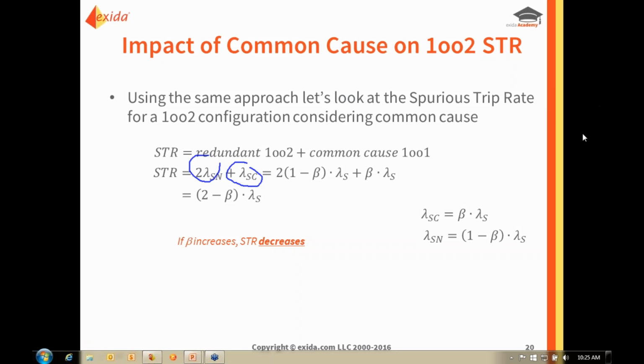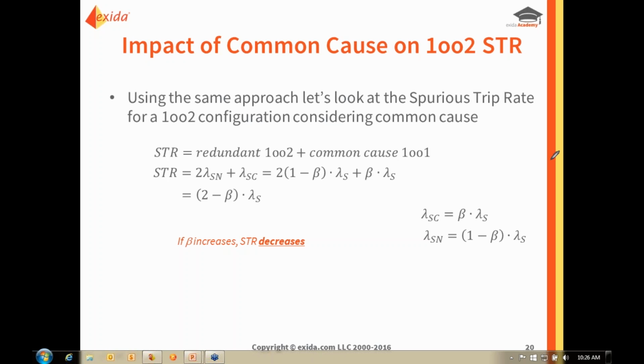We can simplify that equation, and we can see that it evolves to 2 minus beta times the safe failure rate. So as beta increases, the spurious trip rate will go down. It's the same behavior that we saw for probability of failure on demand for a 2 out of 2 configuration. It's the same behavior that we see here for spurious trip in a 1 out of 2.